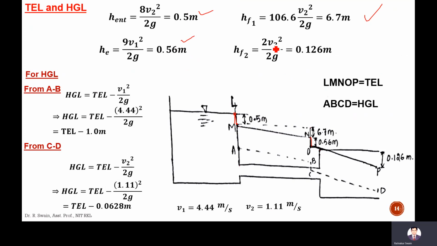If you write V2 square by g, then it will be 0.126 meter. So after these losses, there will be a gradual loss of 0.126 meter.